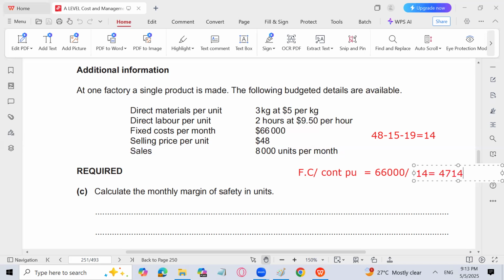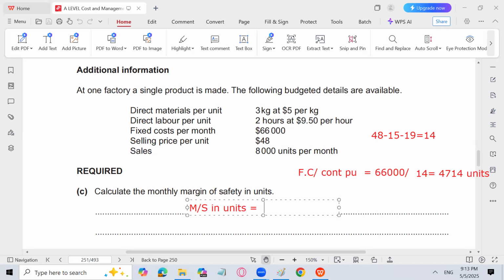That is going to be your break-even units. Currently, we are selling 8,000 units. It means that we are well above the break-even point, because break-even units are 4714.